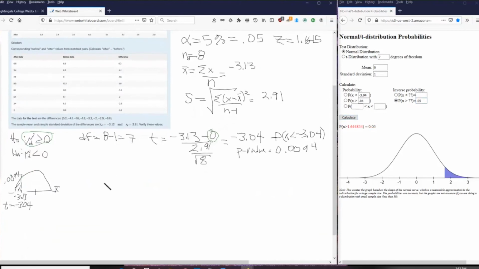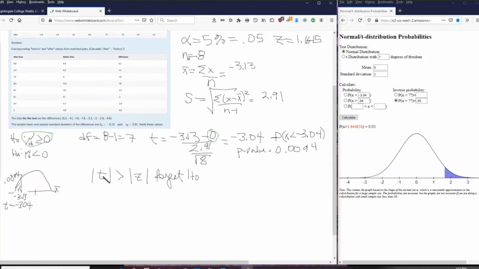So my comparison is the absolute value of my t-score, if that is greater than the absolute value of my z-score, then I'm going to reject the null hypothesis. So let's put that in.